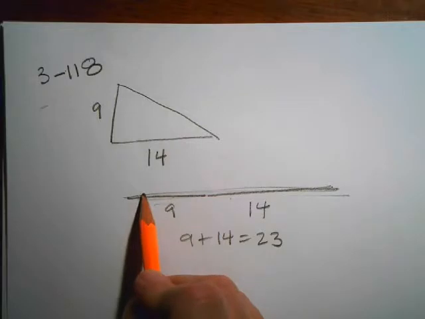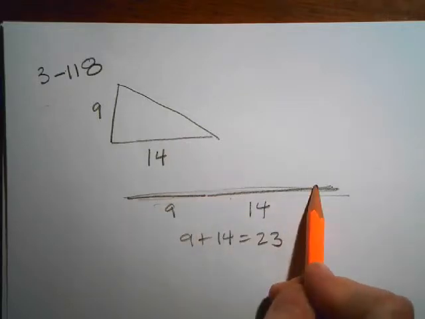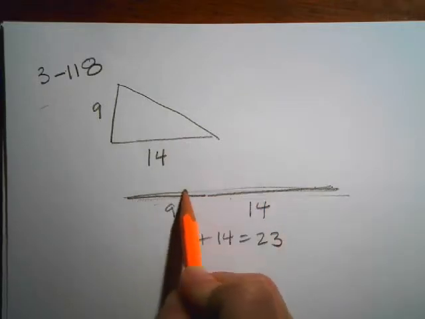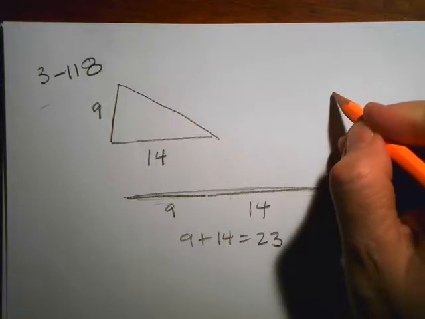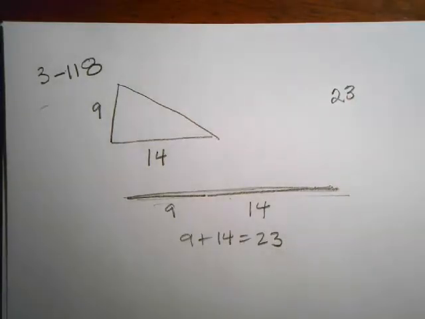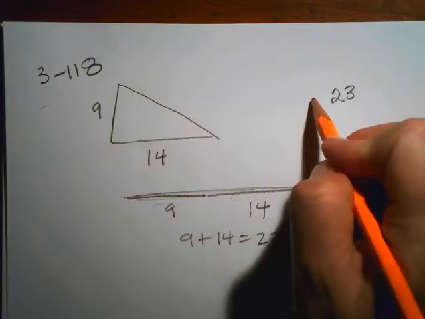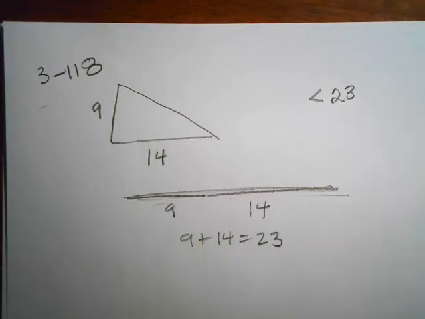But if it was a little bit smaller than 23, you would have a very, very thin triangle. So the biggest that the side could be would be 22.9 or 22.999. So the upper limit for that side is 23.